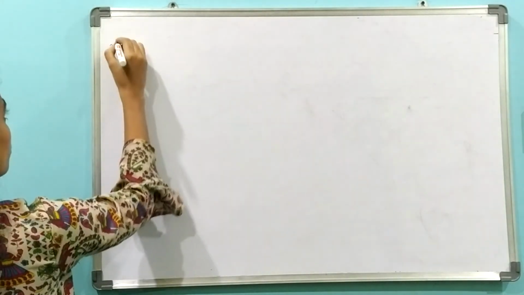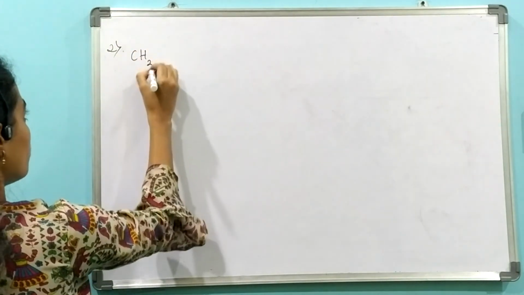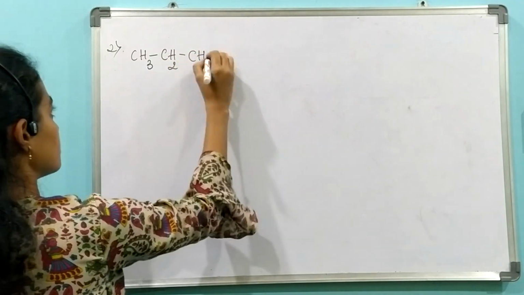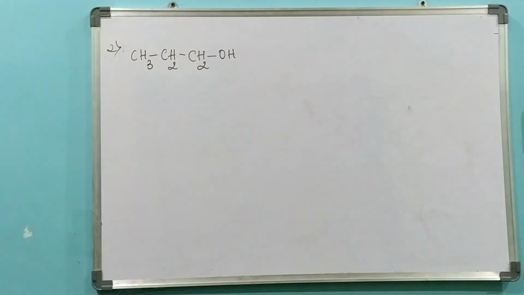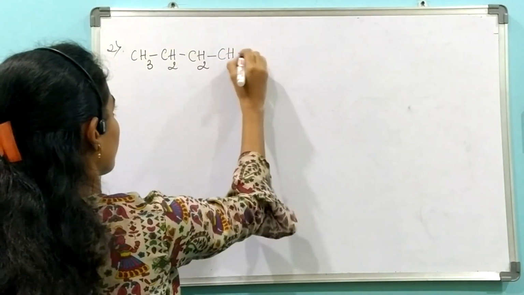So now we'll take one more example and see how we can do the rearrangement of the carbocation. Let me take this compound, that is CH3, CH2, CH2, CH2, OH.